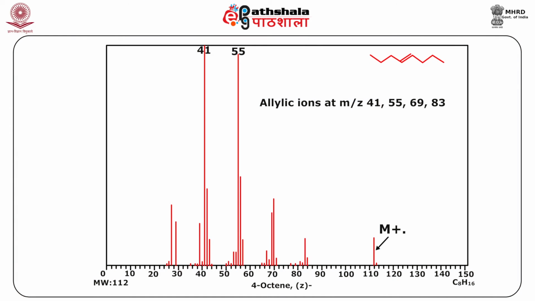Now, the m/z equal to 41 ion is the most common ion observed in the mass spectra of aliphatic compounds, together with homologues of m/z equal to 55, 69, 83, etc. This is shown clearly in the mass spectrum of 4-octene, and you can see how the allylic ions at m/z equal to 41, 55, 69 and 83 are generated and in what intensity.